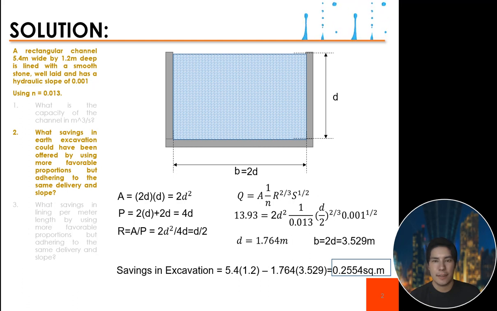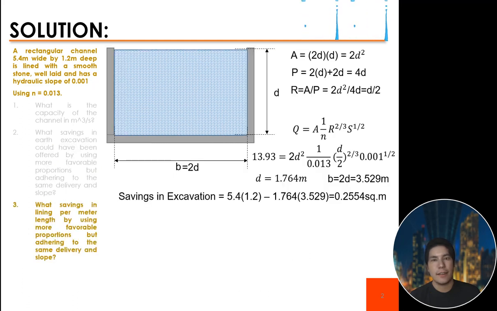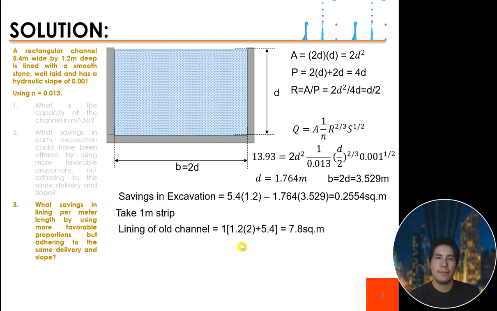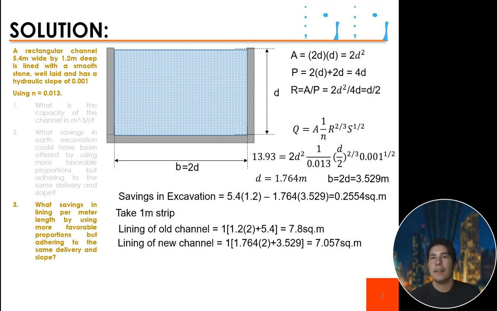Imagine a kilometer. Okay, so in terms of savings sa lining, again, nakuha na natin yung D tsaka B natin. So like, ito yung sa original. So, take 1 meter strip pa rin. So, yung perimeter natin sa original is 7.8. Then, times 1 meter strip, you have 7.8 square meter na. And, ngayon sa bago itong most efficient section, bali gagamitin natin yung na-compute natin na 1.764 tsaka 3.529.